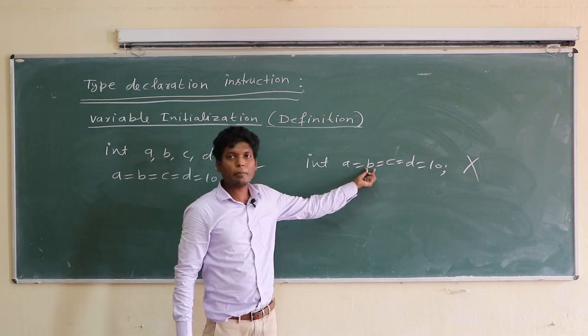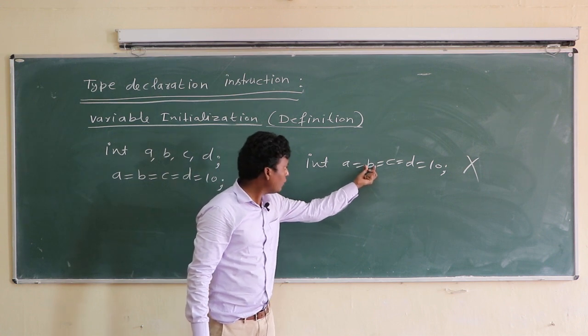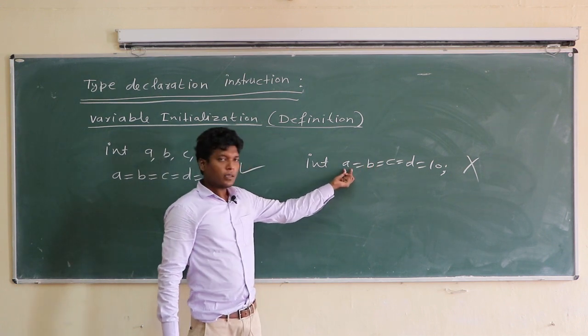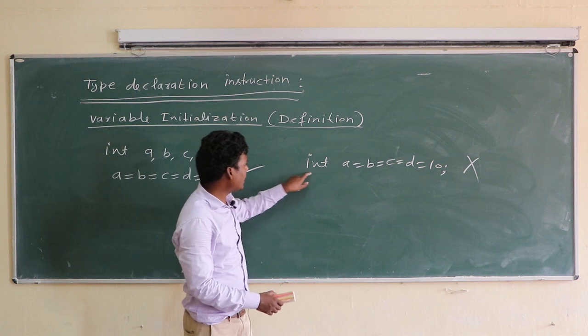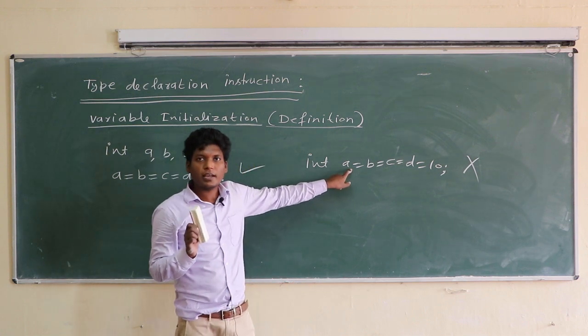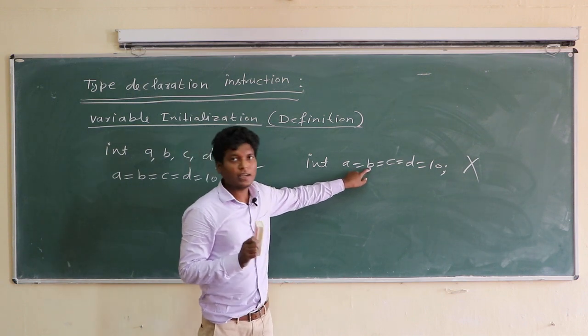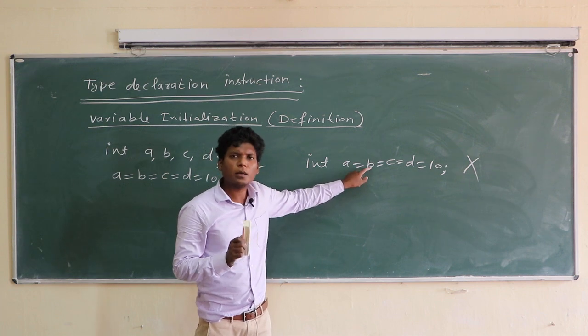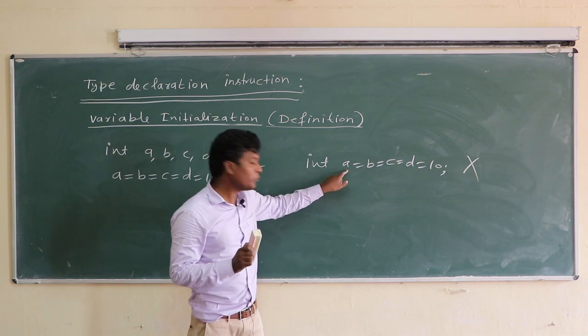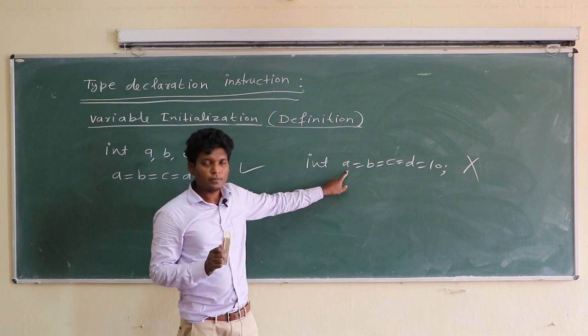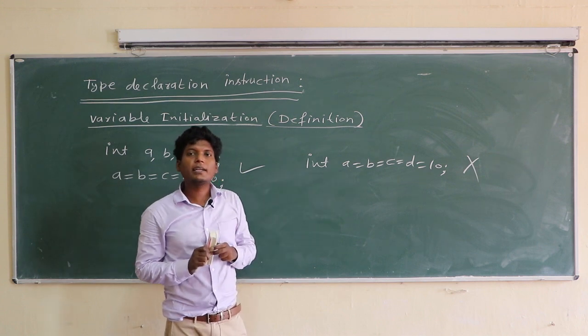This is not a declaration of B. You just assign the value of B to A, and A is declared here. int A is declared, but B is not declared, and you are assigning the value of variable B to A, which is not possible. The compiler will generate an error.